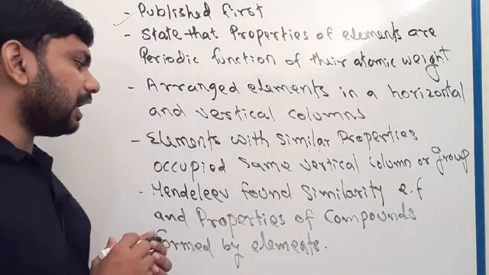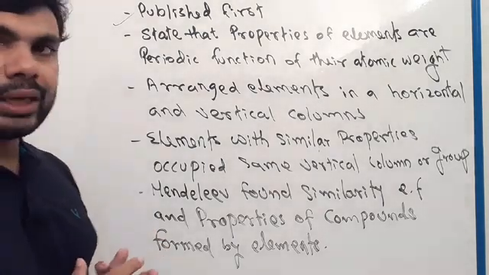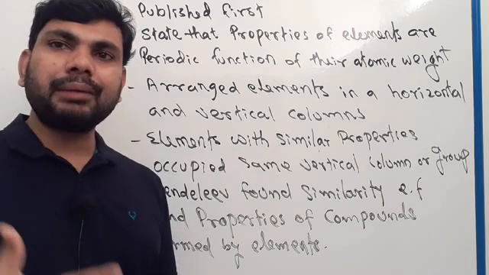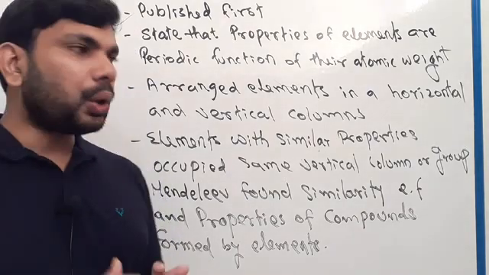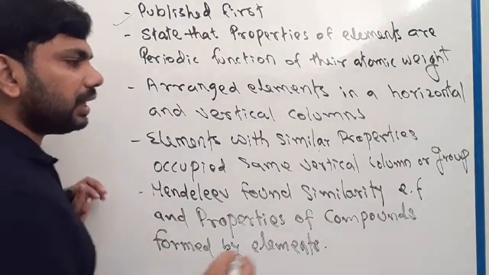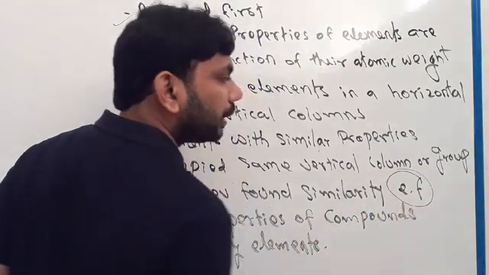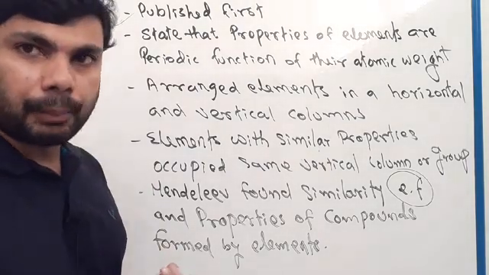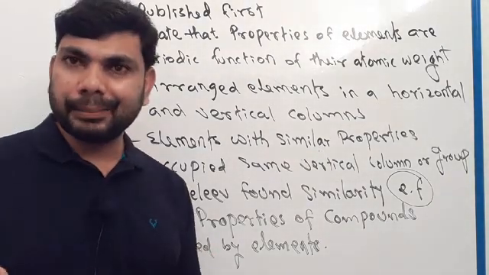So he arranged the elements according to their atomic weight, and he observed that elements with the same properties came in the same vertical column. He also found similarity in the empirical formulas and the properties of the compounds formed by the elements.